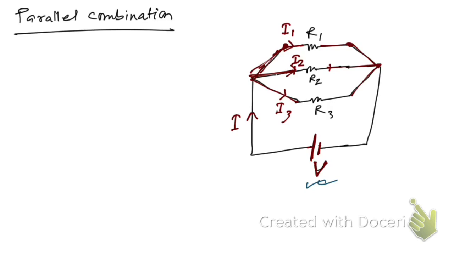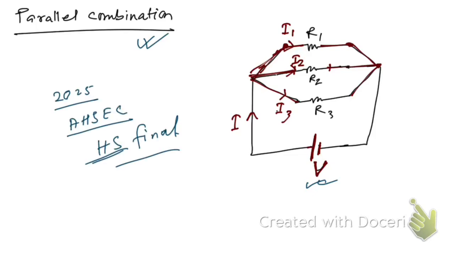In the 2025 HS final examination under the Assam Higher Secondary Education Council, a question was asked on parallel and series combination, I think as short notes. So it is a very important topic.